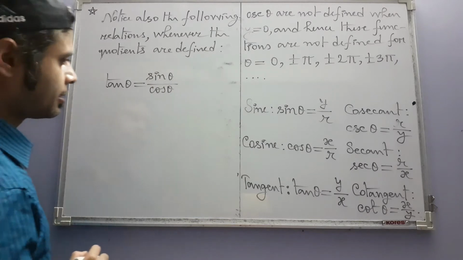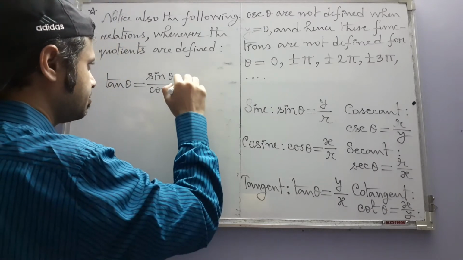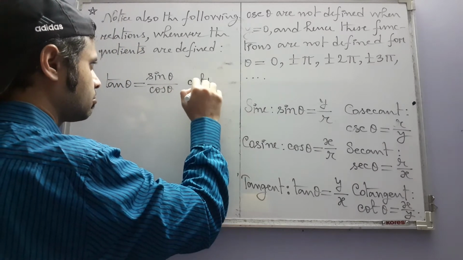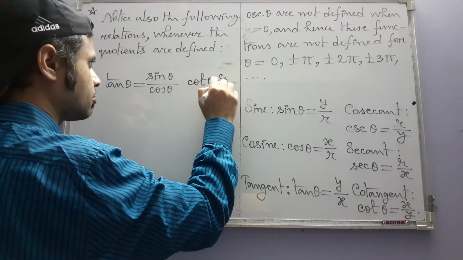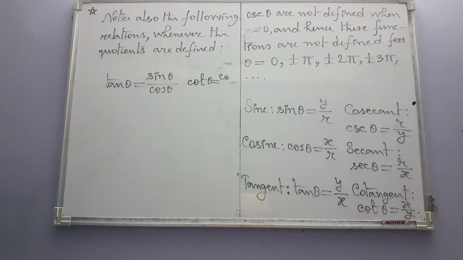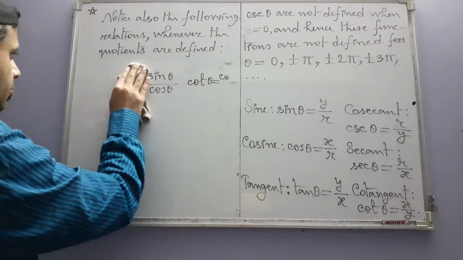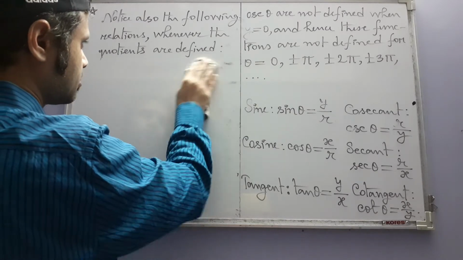Tan theta is sine theta divided by cos theta. Cot theta is the reciprocal of tan theta.